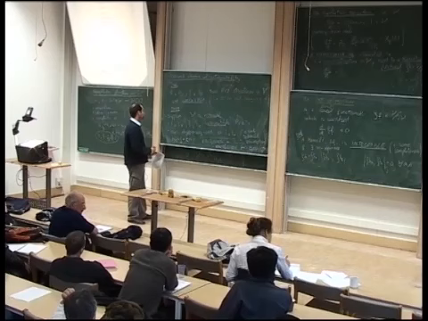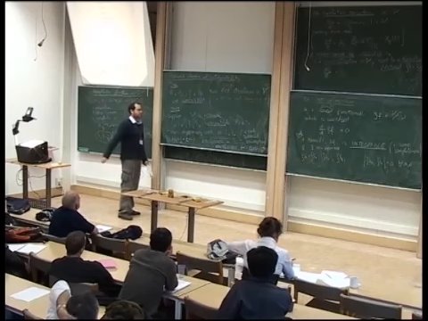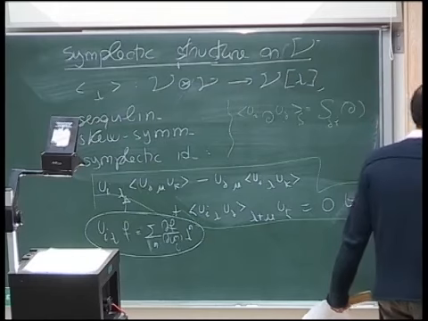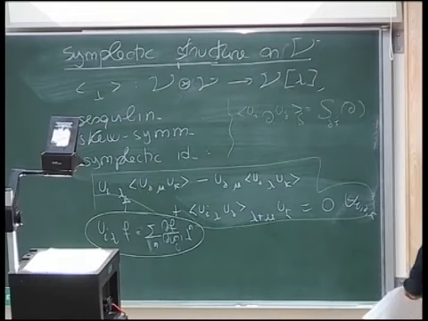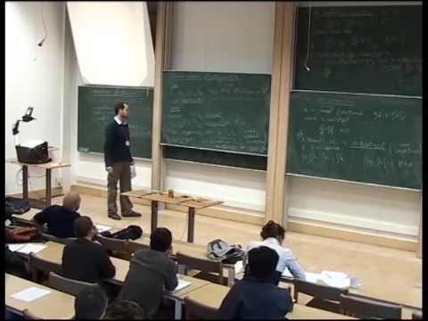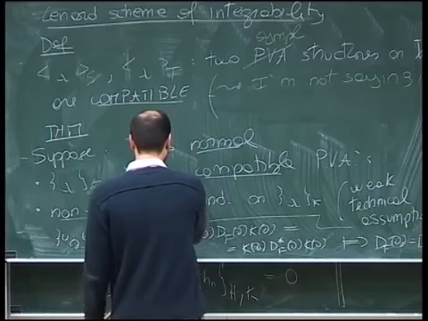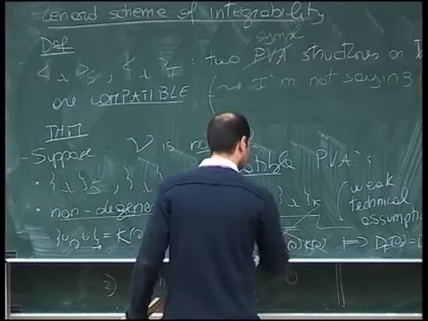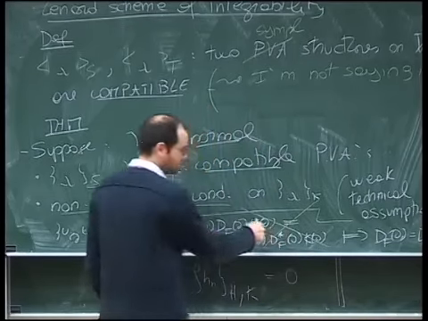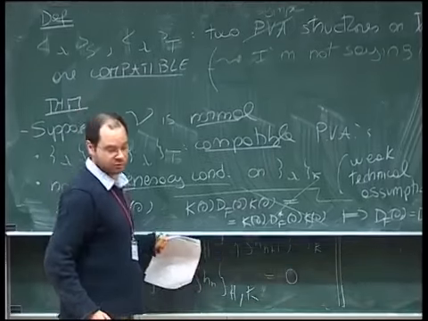And the theorem is the following. Suppose again you have a normal algebra of differentiable functions, and you have two symplectic structures, S and T, which are compatible. They satisfy a certain non-degeneracy condition, which again I'm not going to write what it means. But also, this is always a very weak condition, very simple to check.